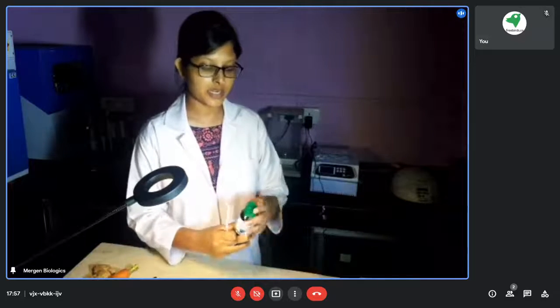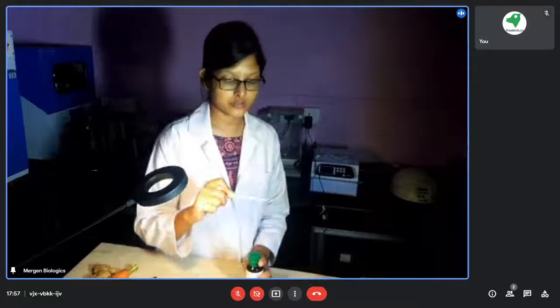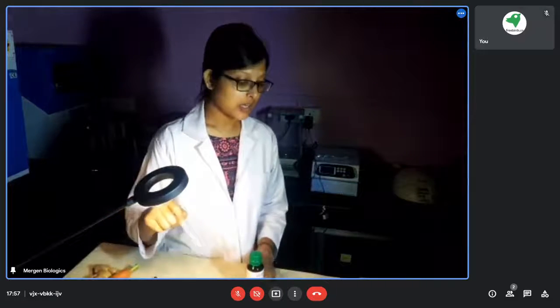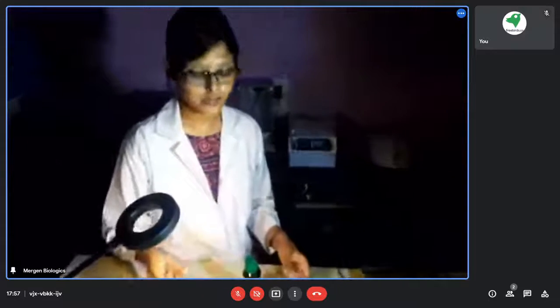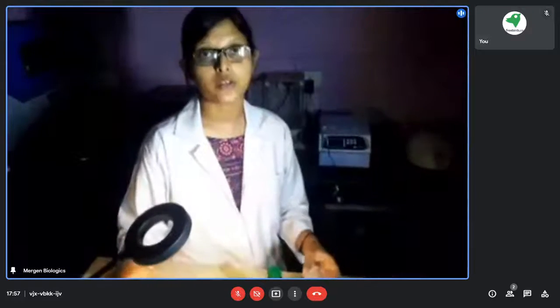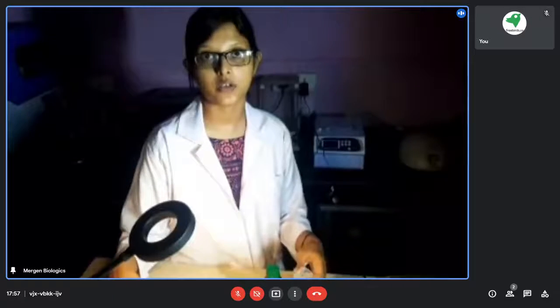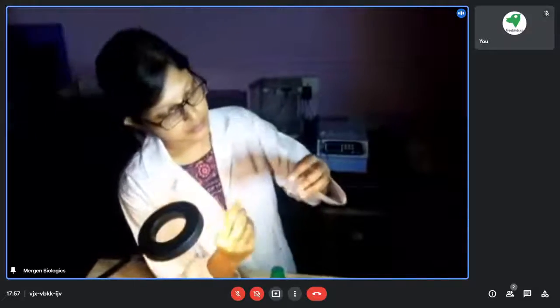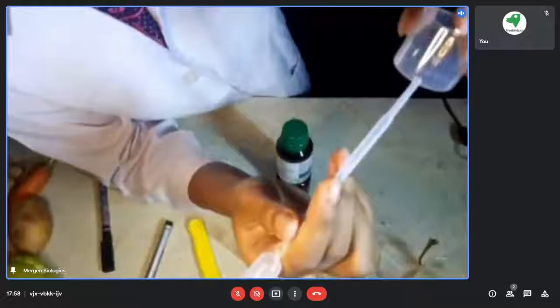Now, for this betadine, I am using this dropper to give an equal amount of betadine solution to each beaker. If you don't have a dropper, but you have to perform it somehow and give an equal amount of betadine in all the beakers or all the utensils that you are going to use, just follow these marks. They have 15 ml, 10 ml, and 5 ml marks.